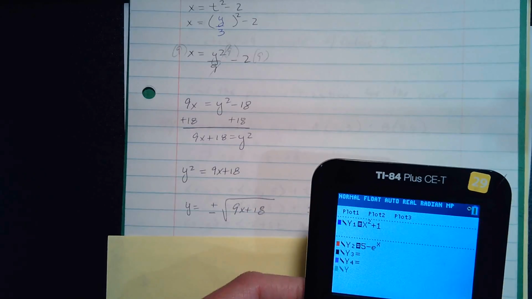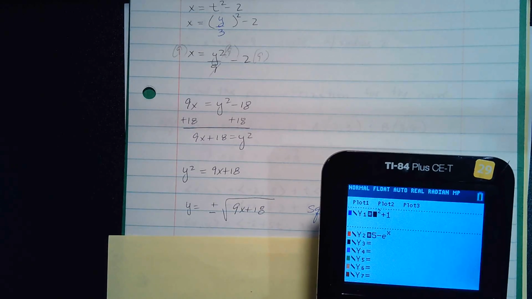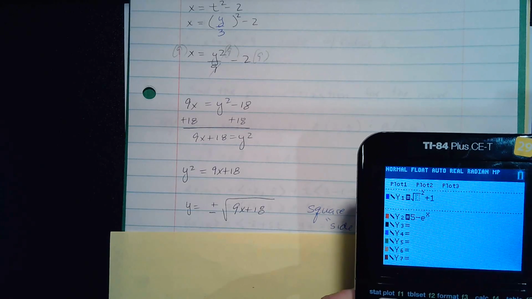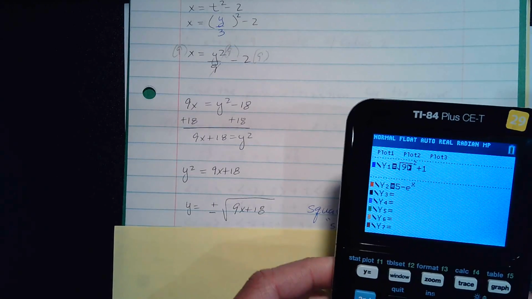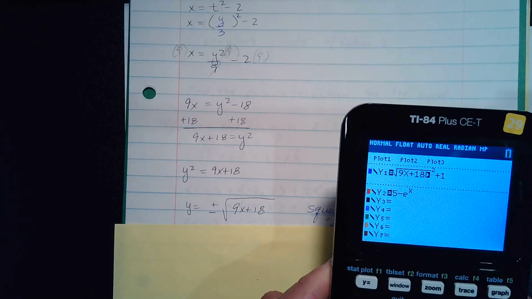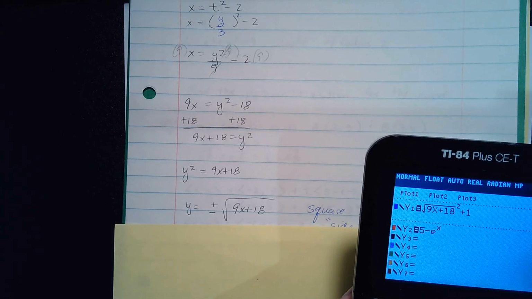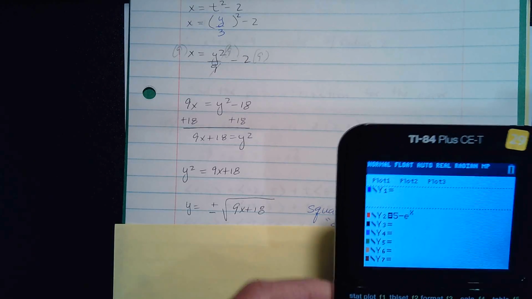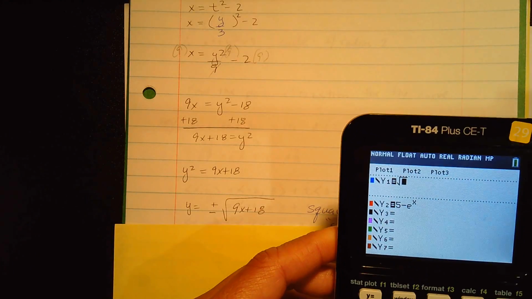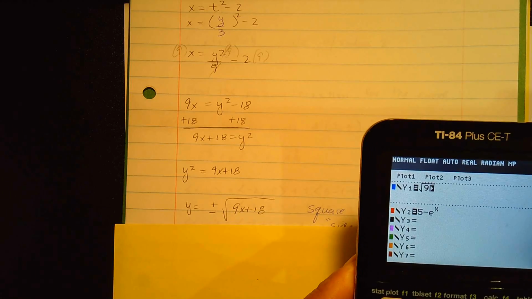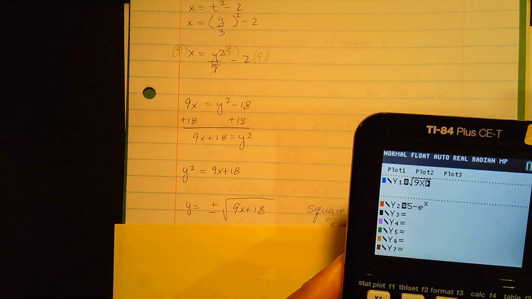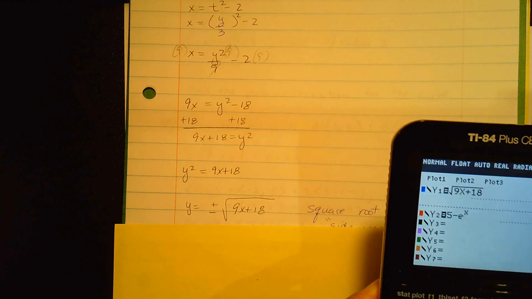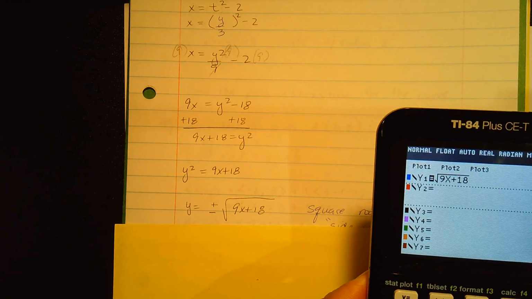Okay, so just to show you the sideways parabola, put square root 9x plus 18. Okay, let's do it again. 9x plus 18, and this is going to be, you got to put a negative.